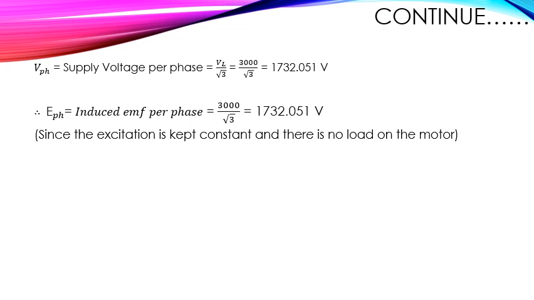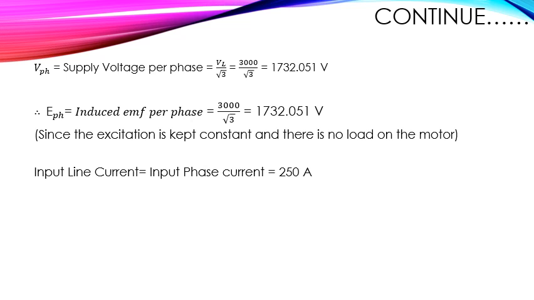Why? Because the excitation is kept constant and there is no load on the motor. That's why the induced EMF and the terminal voltage are both the same. That's why here again we have taken 3000 volt as the line induced EMF, and the induced EMF per phase is 3000 by root 3, and that is the same as the phase voltage.